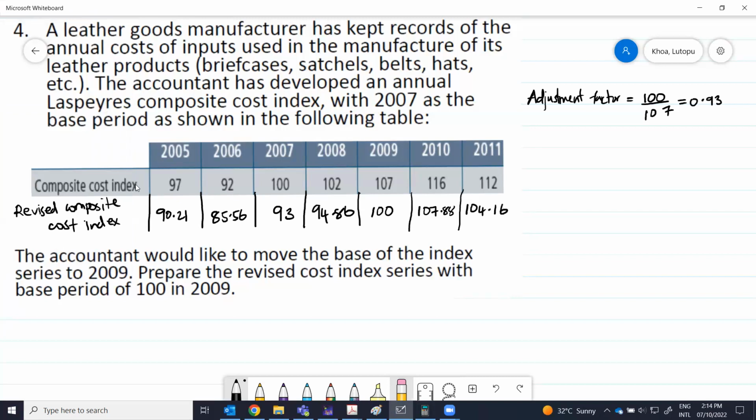Okay, so this is your new table. Now you can compare the prices from, let's say, 2005 to 2009 or 2011 to 2009. So in the previous one, you couldn't really do that, or it wouldn't give you the exact values because those were the change in prices compared to 2007. Okay, so this is what we get.